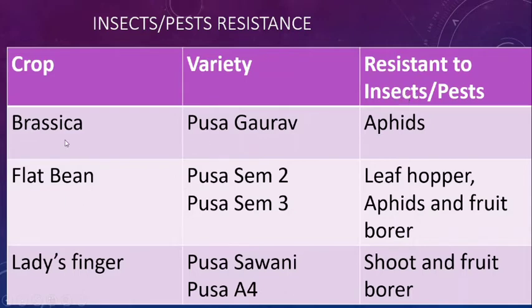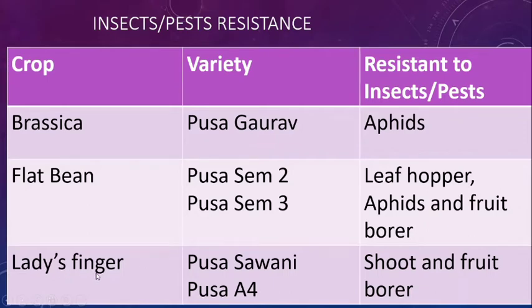First one, Brassica, Pusa Gaurav. It is resistant to the insect pest aphids. The flat bean, Pusa Sem 2, Pusa Sem 3, are resistant to which insects or pests? Leaf hopper, aphids and fruit borer.